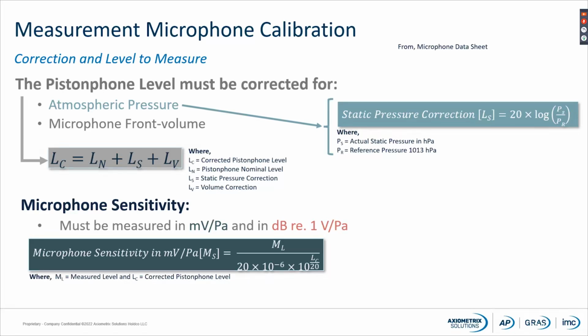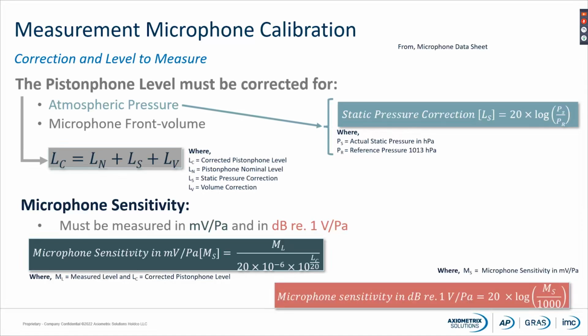Normally we measure the sensitivity in millivolt per Pascal and use the formula here. And when we have found the sensitivity in millivolt per Pascal, it's easy to do the calculation to dB relative to 1 volt per Pascal.